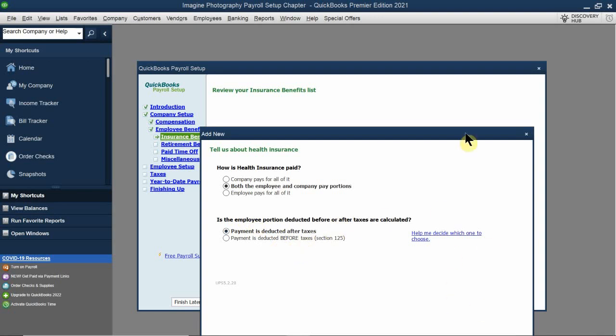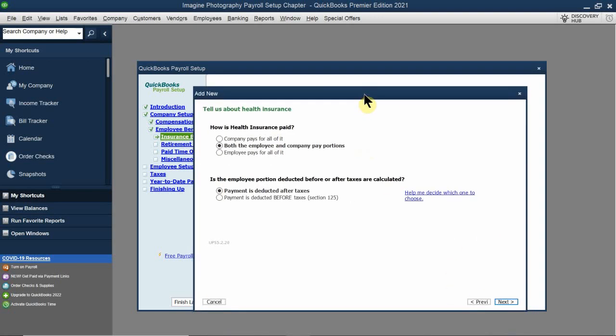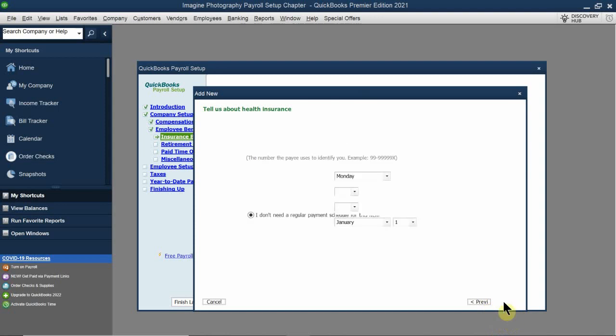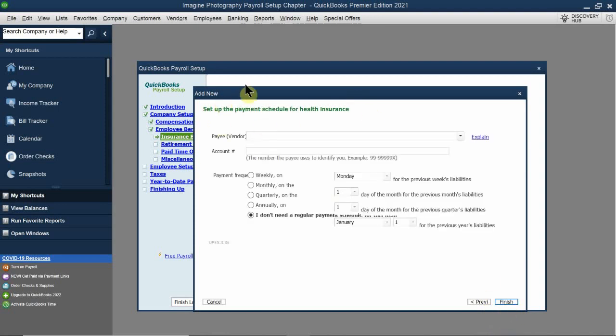Right, and then I can go ahead and click next. Then it's going to ask me who my vendor is and so on. In this case, I'm not going to schedule anything, because first off, I could offer multiple insurances. I can say, hey employee, I can offer you 3 types of insurance.